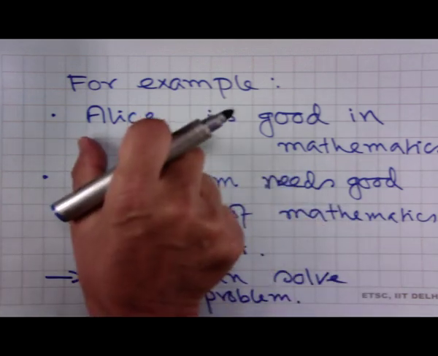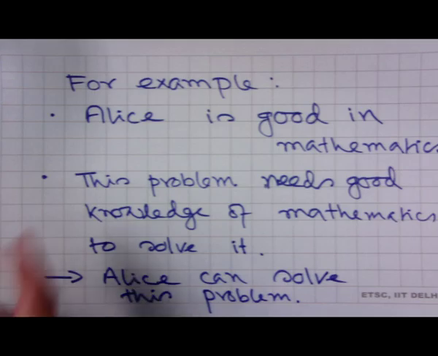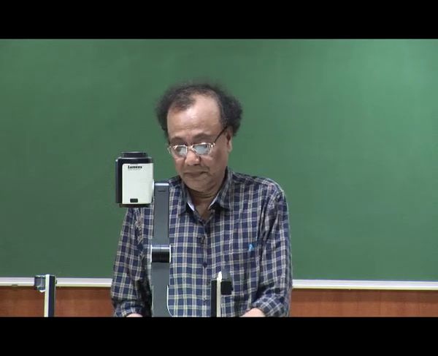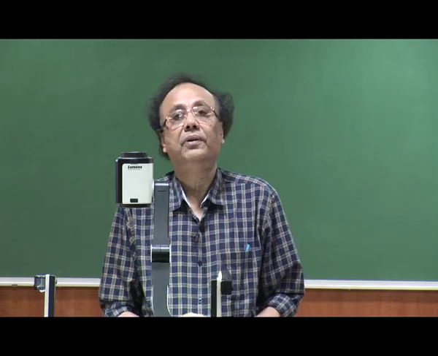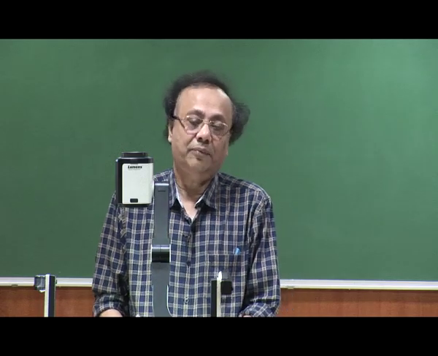Because Alice is good in mathematics and this problem needs good knowledge of mathematics. Together from these two facts, we can infer that Alice can solve this problem. So, this is a very simple reasoning that we human beings can do easily from the given facts.